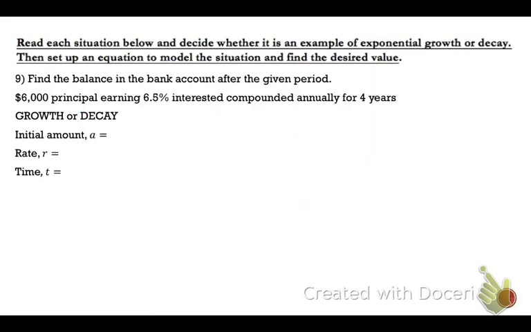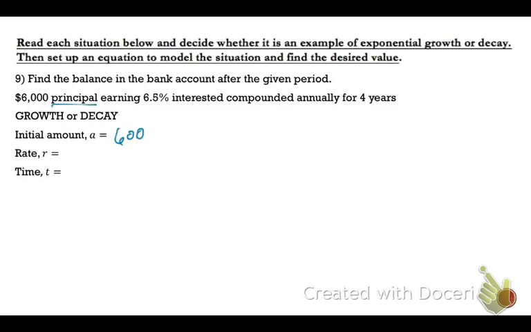In our last situation, number 9, that we'll do together, then you'll do your teacher talk, find the balance in the bank account after the given period. So we've got money again in a bank account. $6,000 principal. That's another word that you'll see in money situations. Principal is your starting amount.